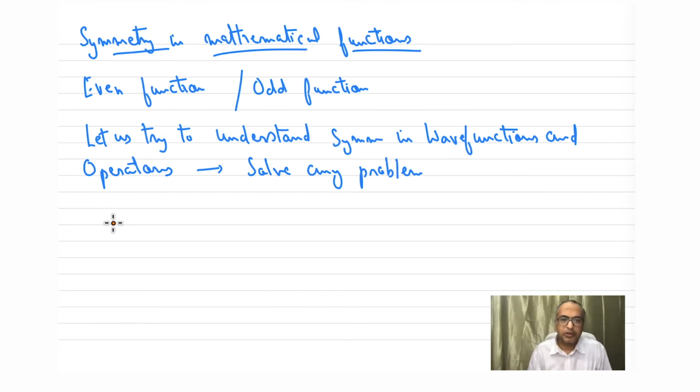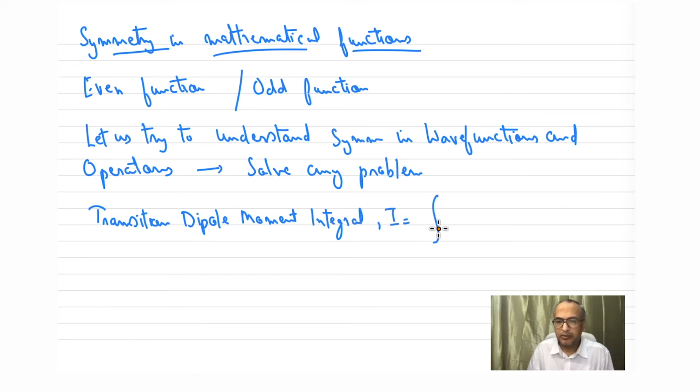Okay. So in certain areas of chemistry, specifically spectroscopy, you will encounter something called the transition dipole. Do not worry about it as of now; we'll explain it later. So the transition dipole moment integral, which is denoted by I, can be written as the integral of psi_i, operator O, psi_j d tau.